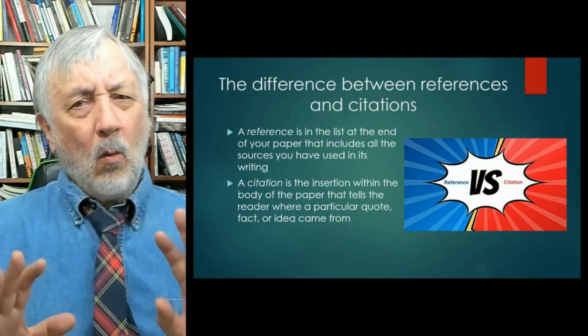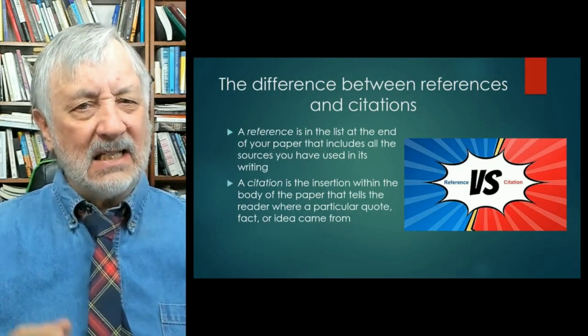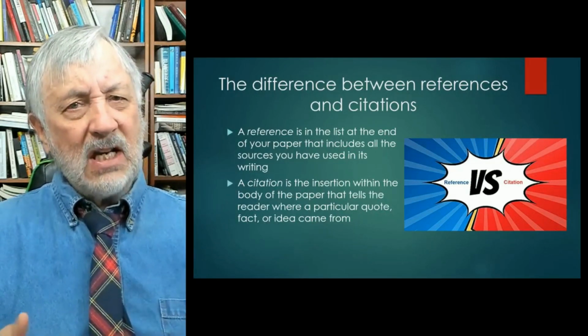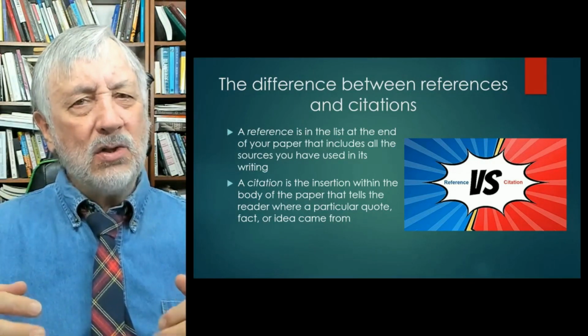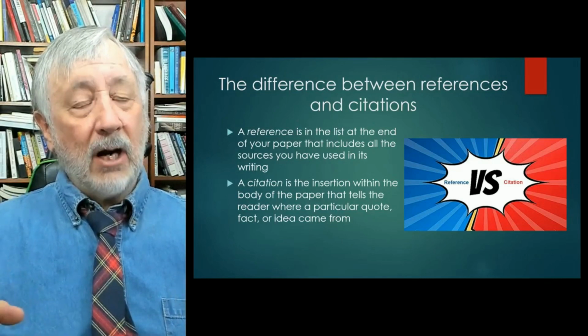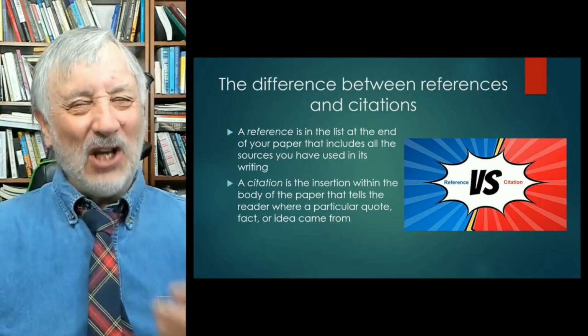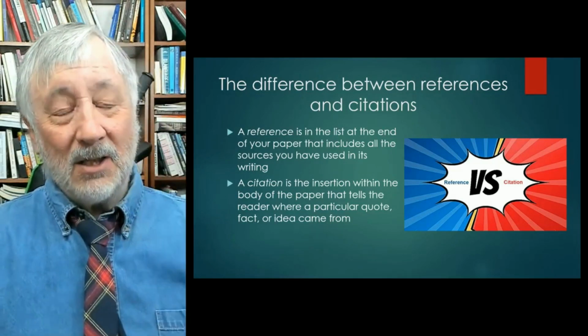First, what's the difference between a reference and a citation? A reference is in the list at the end of your paper that includes the sources that you've used in your writing, and it's called a reference section. It just says references at the top of the page.